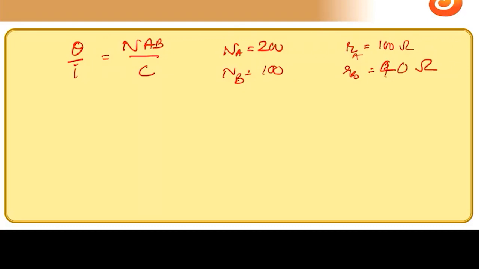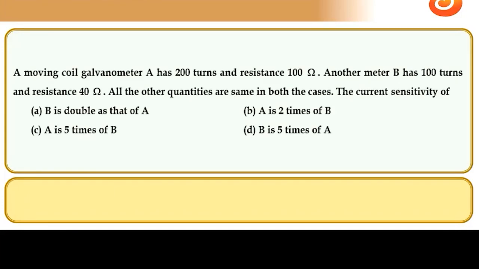So, if I substitute these details, I'll get theta by I for A is equal to 2 times theta by I for B. So, the current sensitivity of A is 2 times the current sensitivity of B. B is our correct choice.